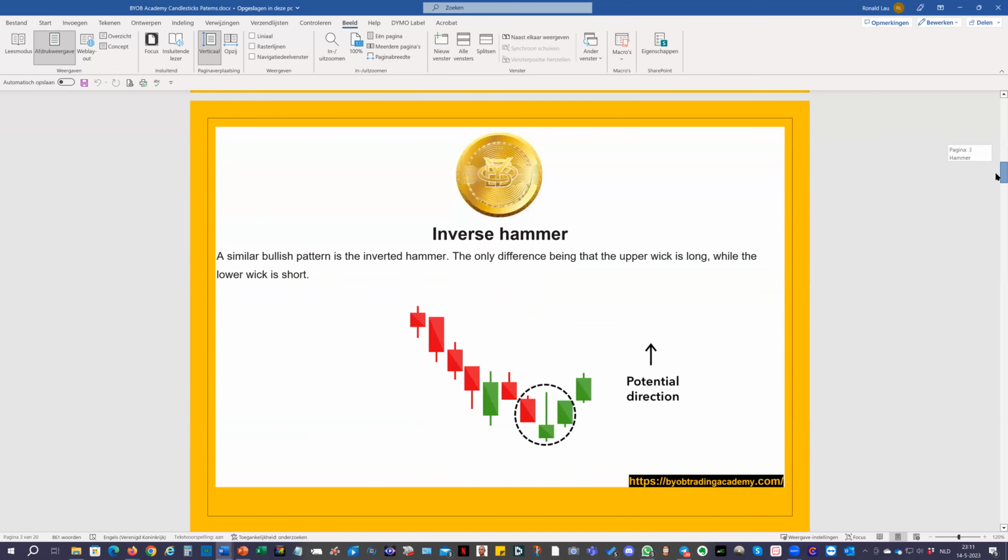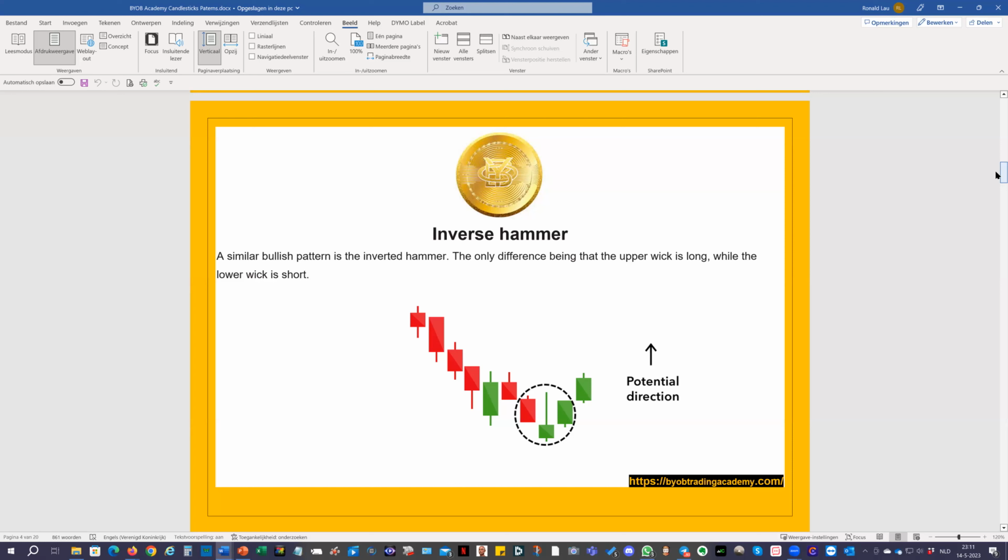And then there is the inverse hammer. Now, this is really interesting. It looks the opposite to the hammer that we just looked at. Now, this one is called the inverse hammer. Again, it's a similar bullish pattern. The only difference is the upper wick is longer than the one we saw for the hammer, while this one is shorter, as you're seeing at the bottom.